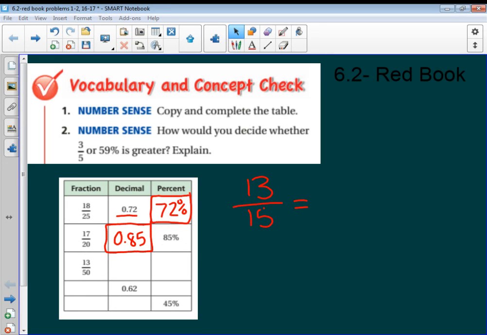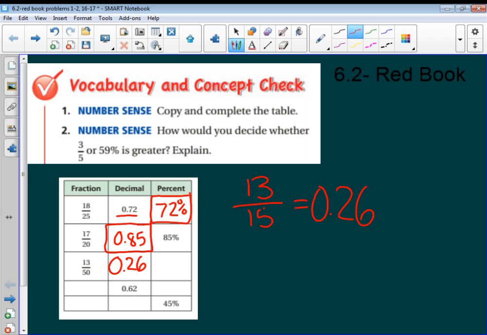There we go. 0.26. Okay, so there's my answer. Then I can take that and go directly into a percent because I want to multiply that by 100. So I go 1, 2 places over, and I get 26%.